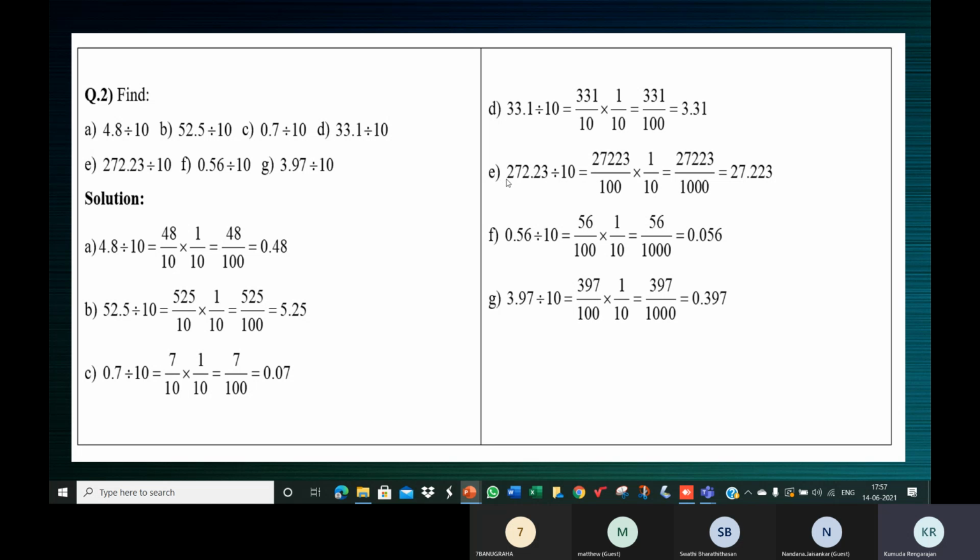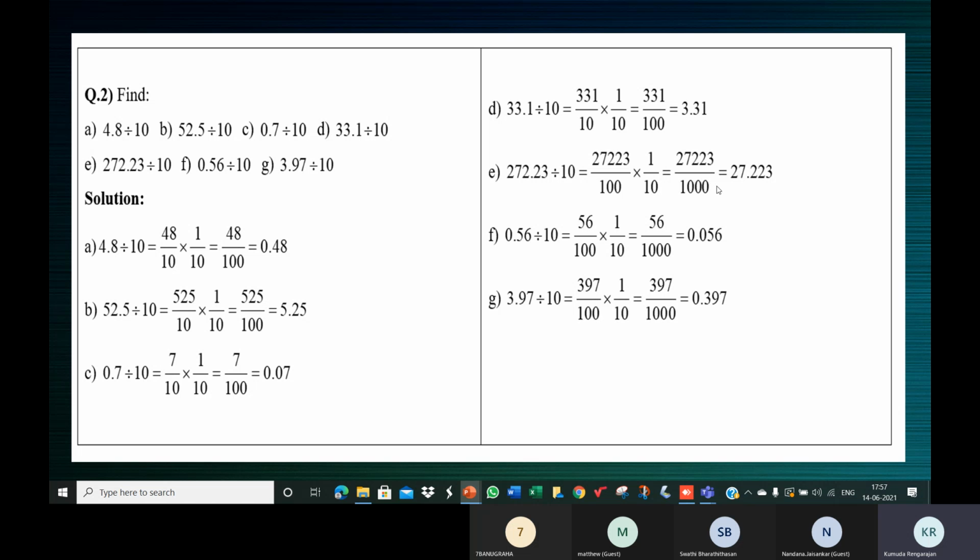That's the procedure everywhere, children. Now, supposing I take this one, E. Look at E. This decimal first as a fraction is 27,223 over 100. Then division becomes multiplication. 10 becomes 1 by 10. Multiply the numerators, multiply the denominators. This number into 1 is the same number. 100 into 10 is 1000.